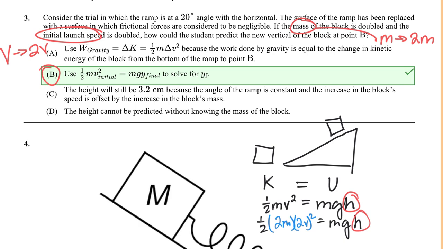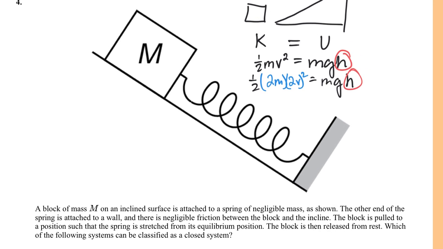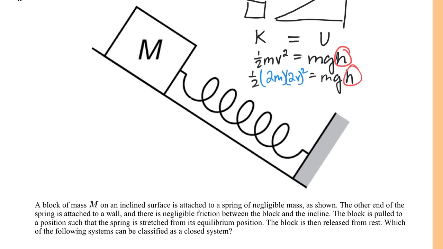Next question. Let's go on to number 4. So number 4, we have our system problems. A block of mass m is on a surface. The spring, you can ignore the mass of the spring. The spring is attached to the wall. There's no friction, so neglect friction, neglect mass of the spring.